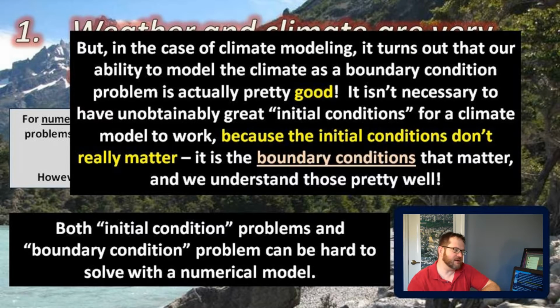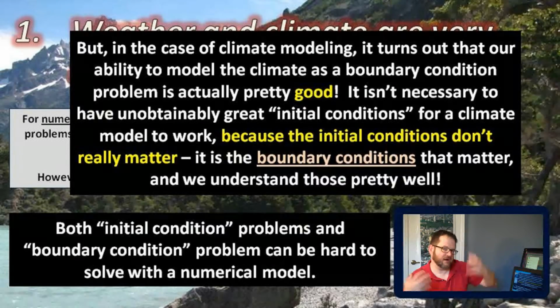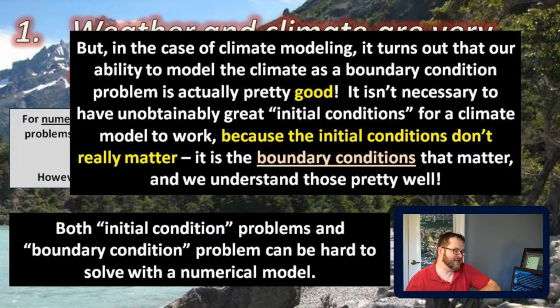But in the case of climate modeling, it turns out that our ability to model the climate as a boundary condition problem is pretty good. Mathematicians can analyze the equations that we're using in terms of boundary condition problems, and our understanding of that is pretty good. It isn't necessary for us to have unobtainably great observations of the boundary conditions in order to have a good climate simulation.